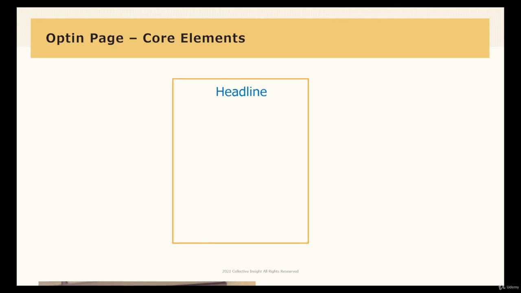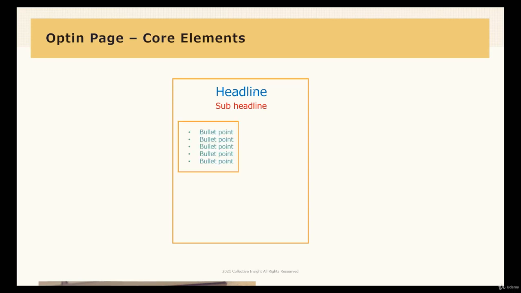Now let's talk about the core elements of an opt-in page. Normally we have a headline. The first attention grabber is your headline. It has to be something very powerful, something that grabs attention, and it has to be large, but look nice as well. And there's a sub headline to support your headline.